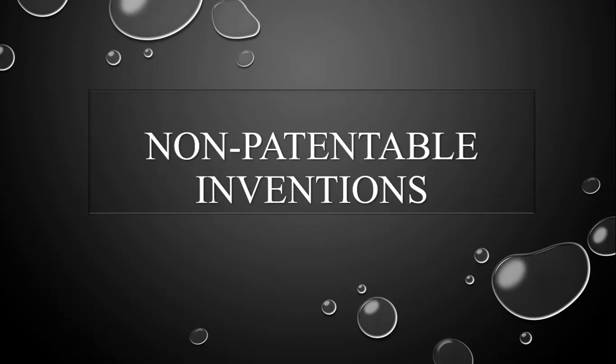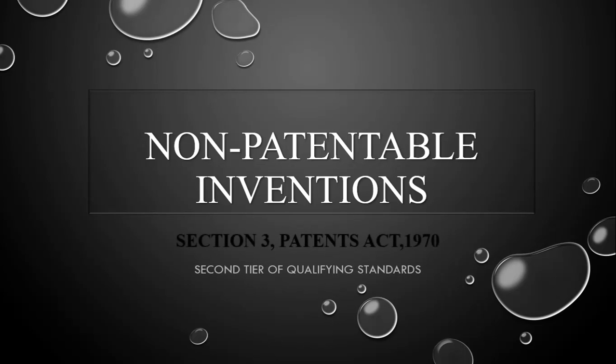So this is an exclusionary section, and this is also known as the second tier of qualifying standards, because the first tier being the novelty, industrial application, concepts, etc., which we dealt with in the earlier slides.